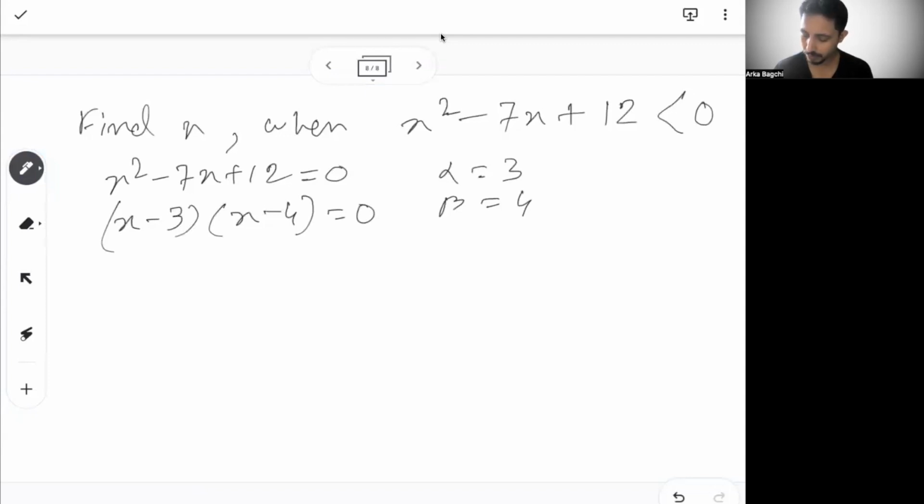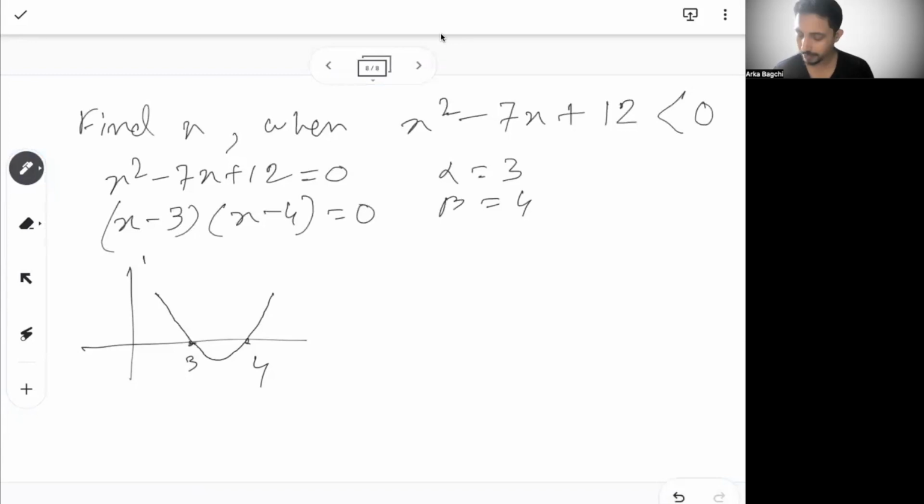Now here x is positive. So x is 3 and let's say x is 4. So your graph will go like this, right?